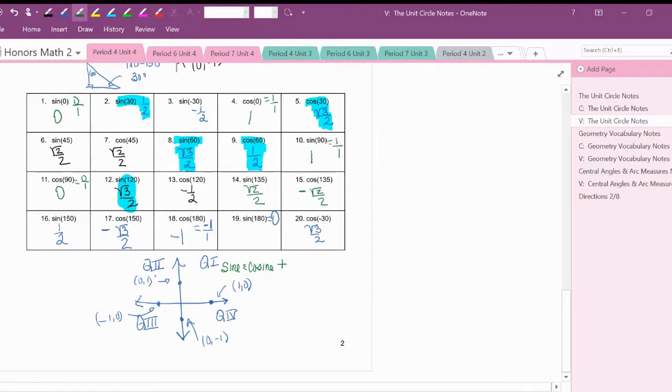Then when we map into quadrant 2, the cosine will be negative, but the sine stays positive.